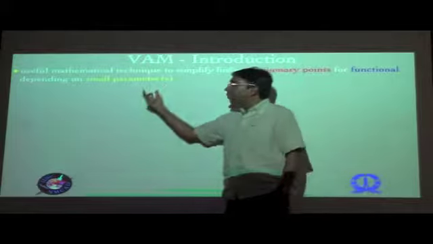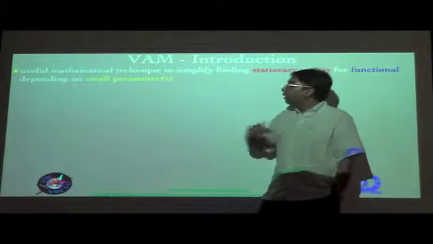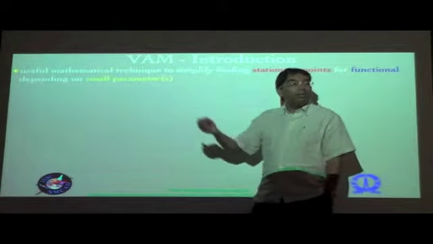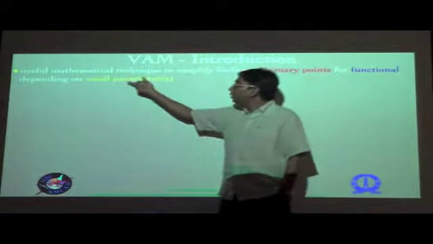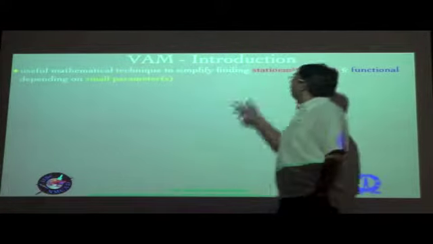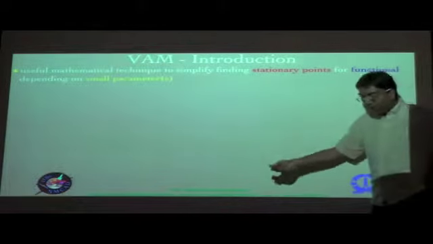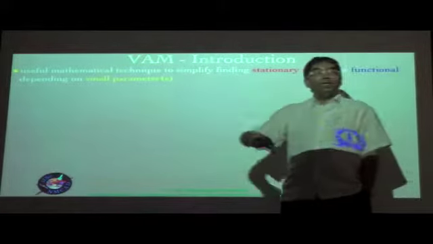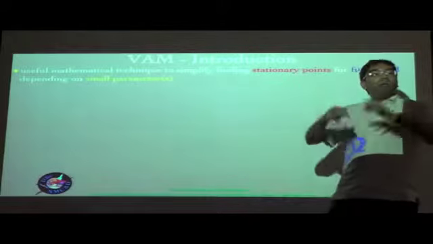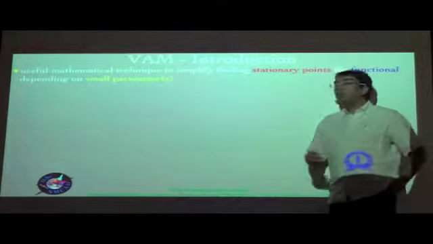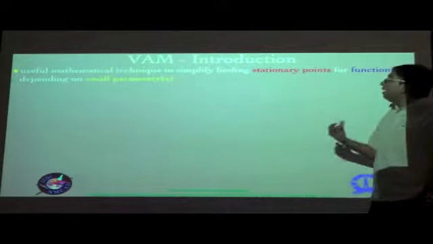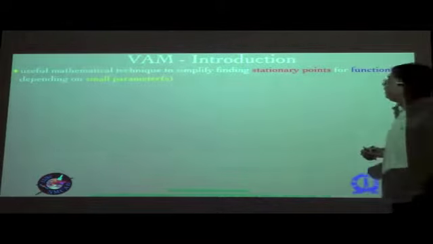Wherever small parameters are used, either in a sentence or as variables within an equation, I'll try to use yellow. Then the stationary points or the solutions that we are looking for, either the exact solutions or the approximate solution, or as part of a set in which the solution is contained, I'll use red.